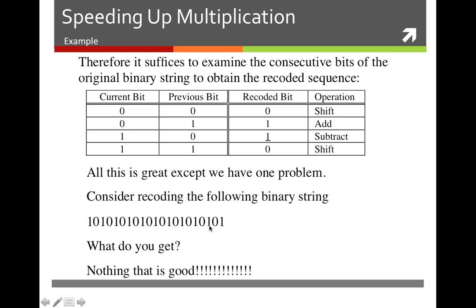A -1 and a +1. So in other words, all the zeros in this sequence will be converted to 1. So you start out with about as many ones as you have zeros, half zeros and half ones. But now, at the end of the recoding, it'll convert itself into only ones and -1s.